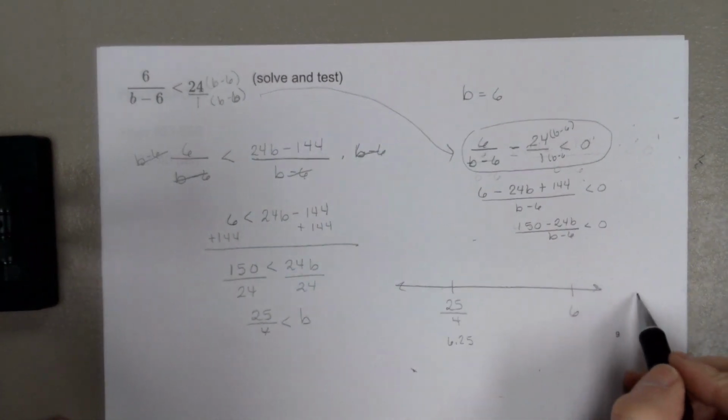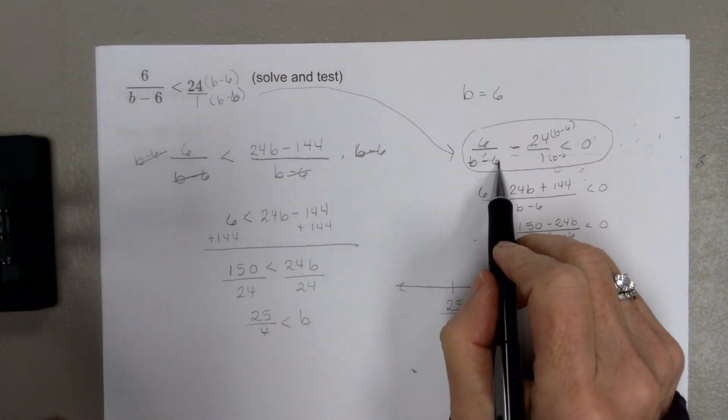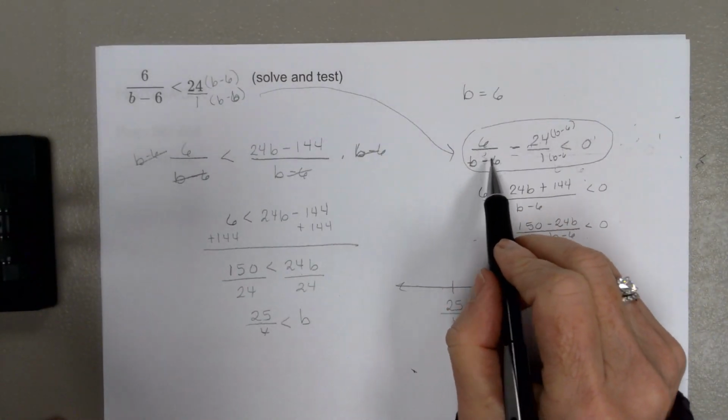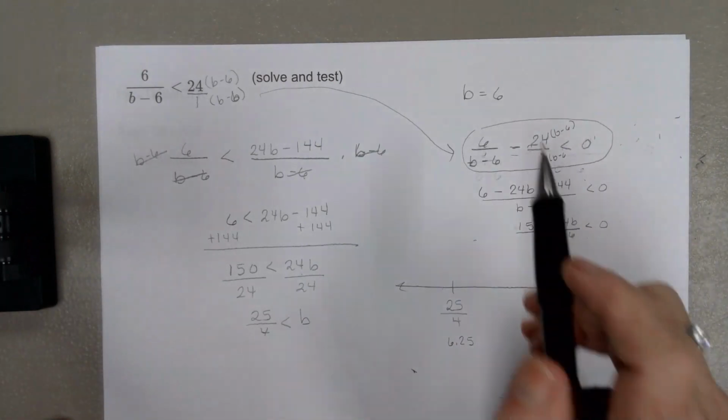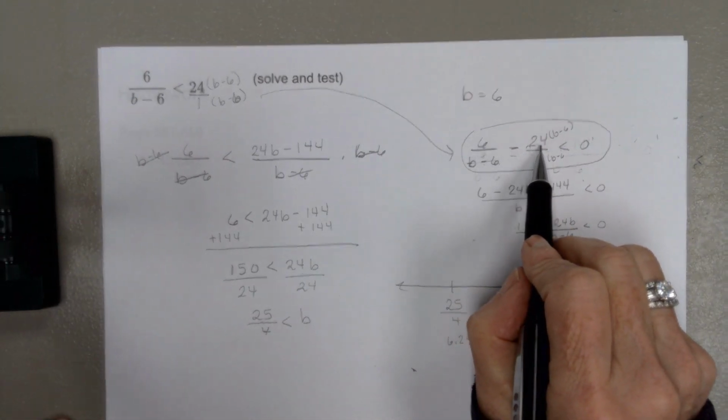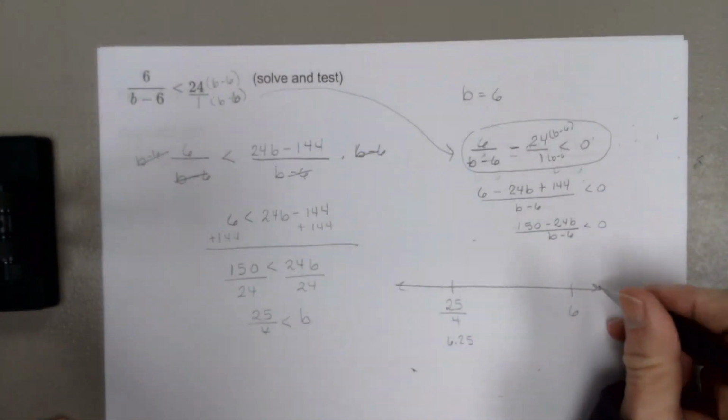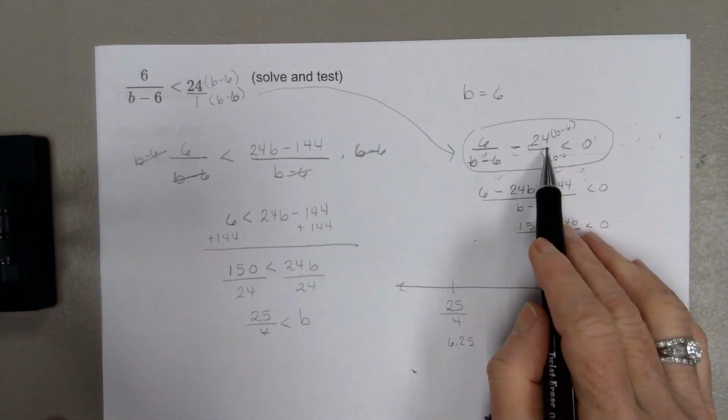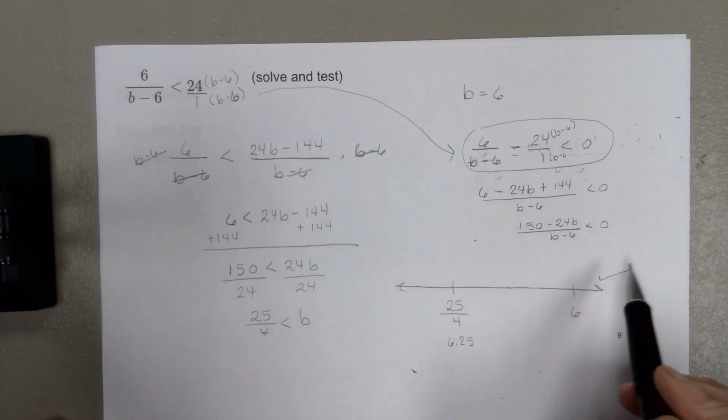So if I put a 7 here, 7 minus 6 is 1, so that's going to give me 6 minus 24, which is a negative number, which means that works. Because I get a negative is less than 0, which is correct.